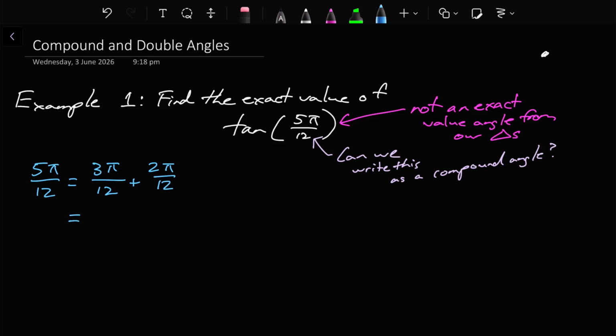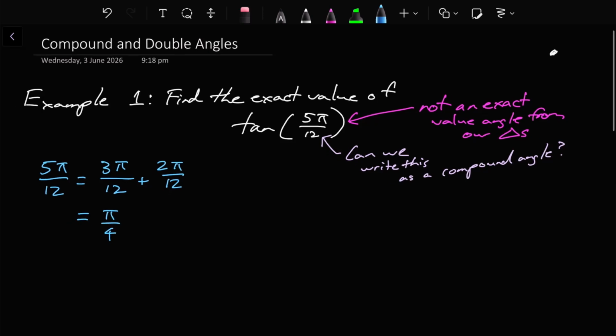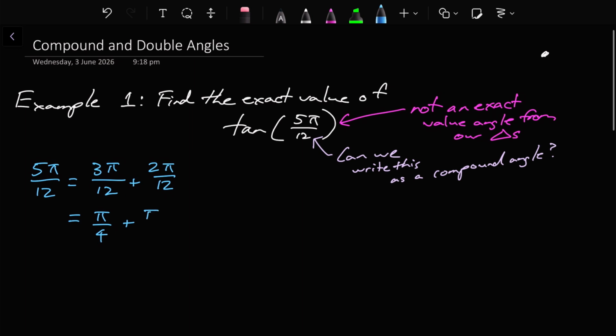Okay, which simplifies to pi on 4 plus pi on 6. Very nice, right? And those are exact value angles. Okay, so now we're good to go.